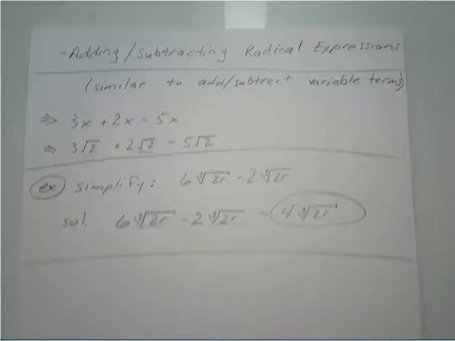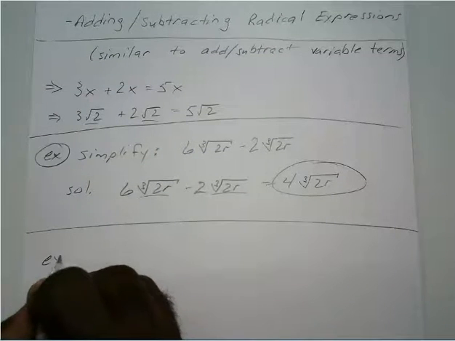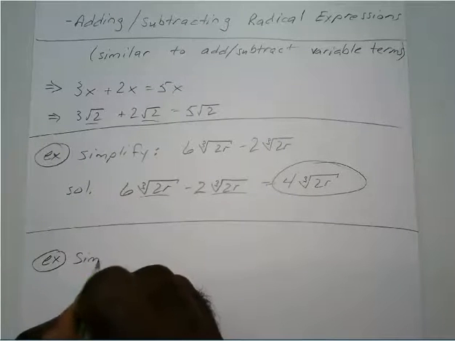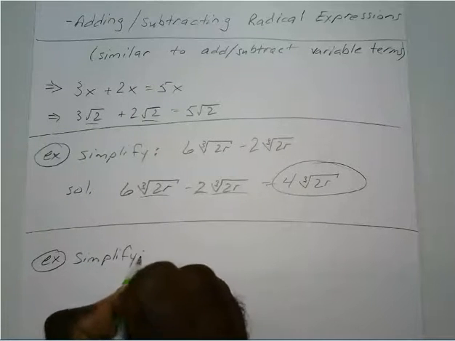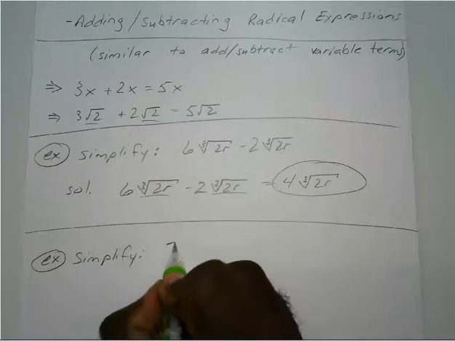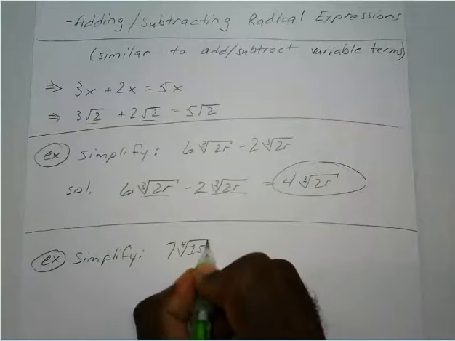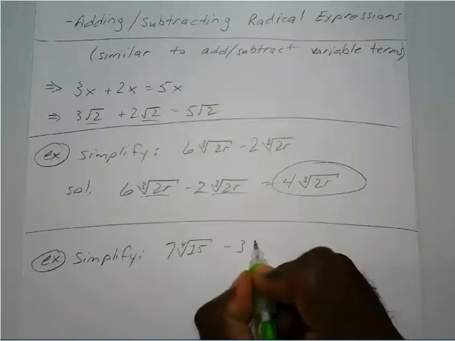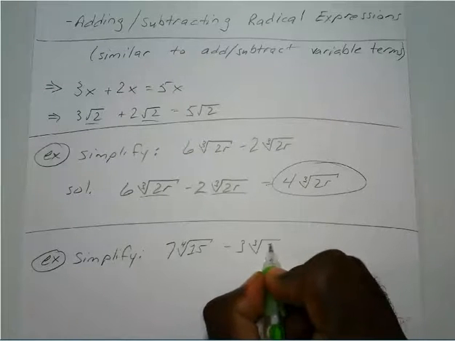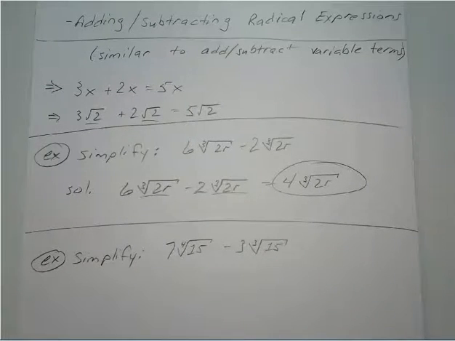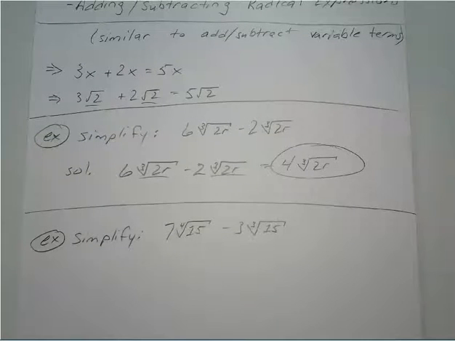Now, if you wanted to simplify 7 times the 4th root of 15 minus 3 times the cube root of 15. Okay, so if you notice here, you have the 4th root and the cube root, which means your indices do not match.